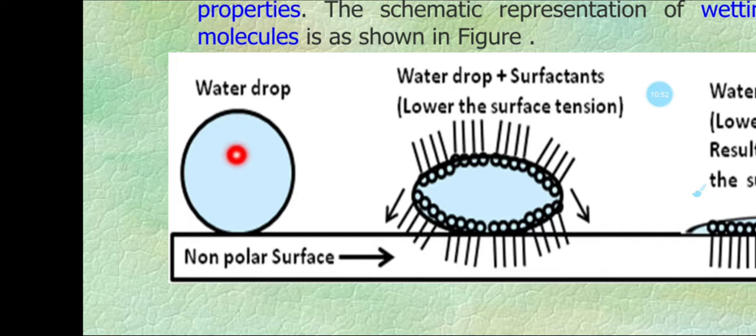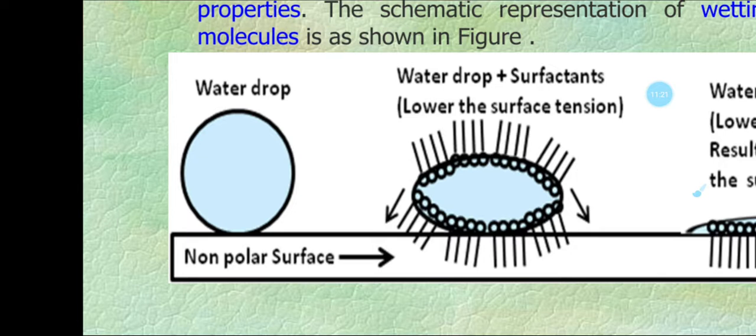Due to the cohesive force of attraction exerted by the molecules present inside the bulk, these surface molecules are under tension, and because of this surface energy they form water drops.